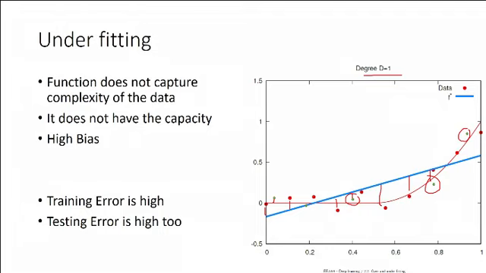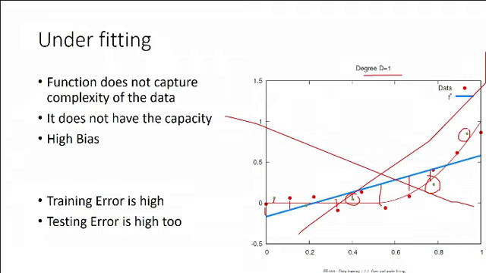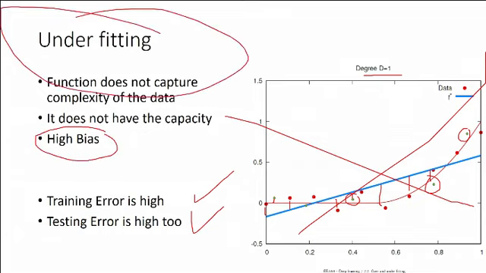Other lines could have been like this one, or like this one. Whatever line I choose, it will never be able to capture the complexity of the data, the complexity of the baseline function. So my training error is very high and my testing error is also high. This is something called high bias, and it is underfitting.